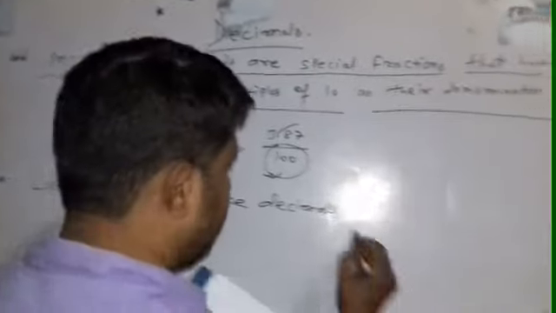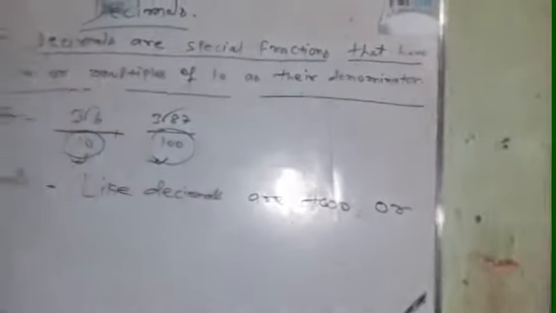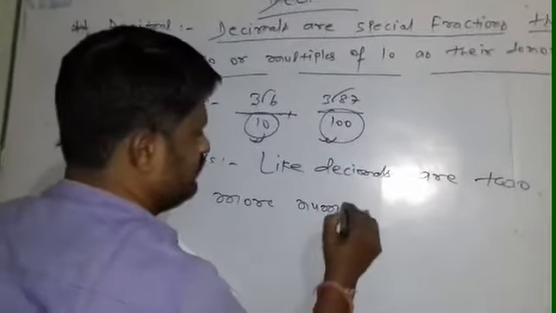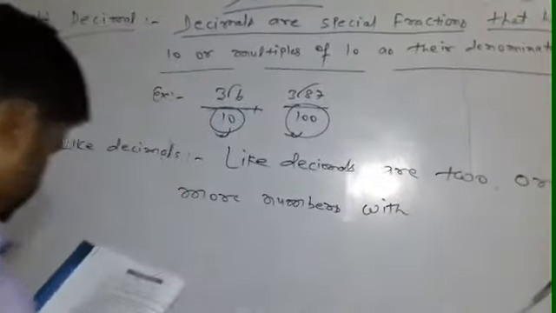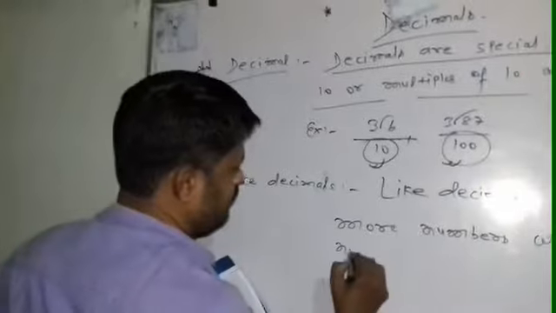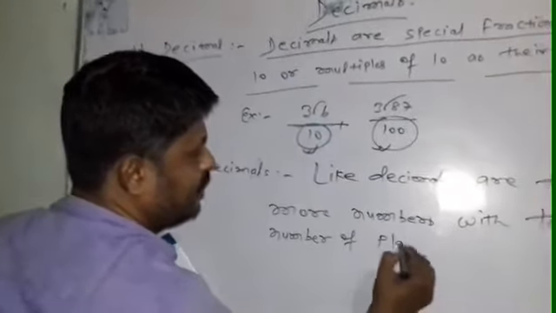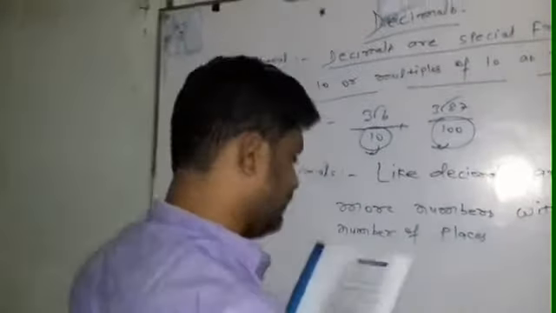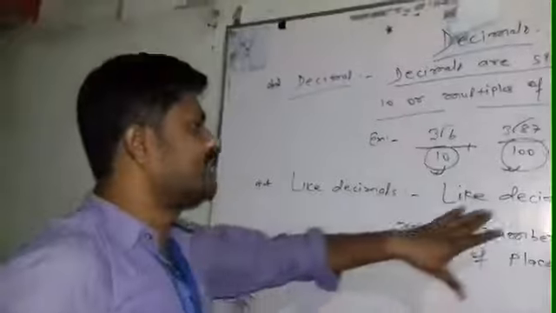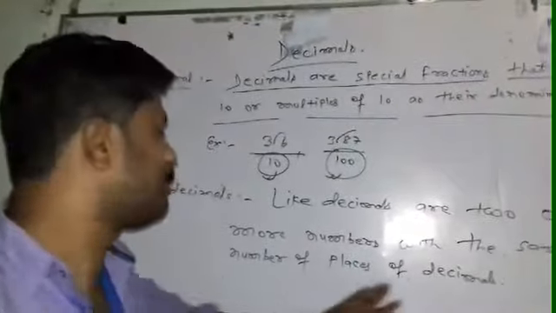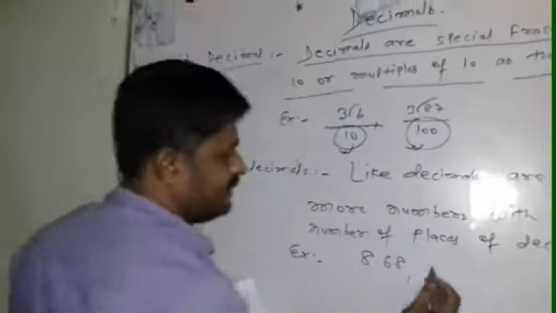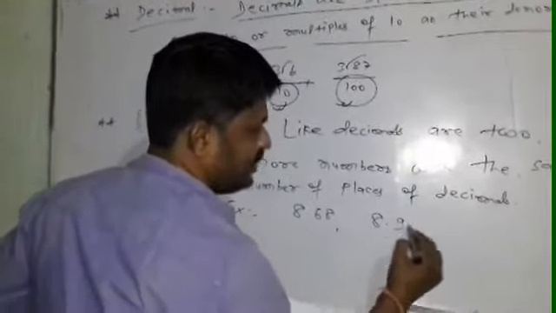Like decimals are two or more numbers with the same number of places of decimals. Suppose this is 8.68 and this is 8.93.